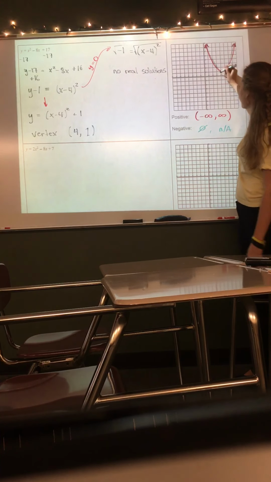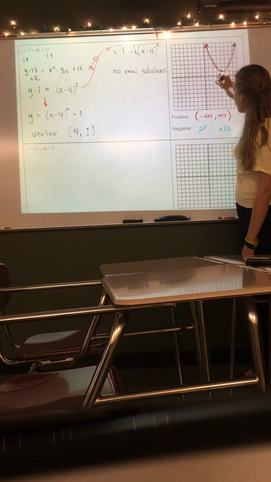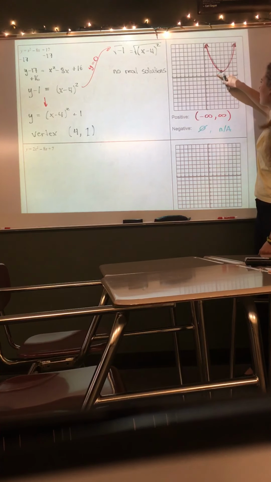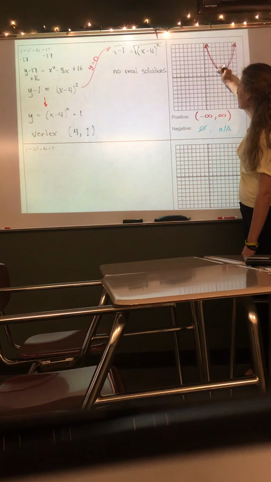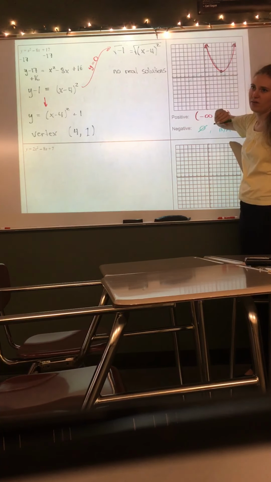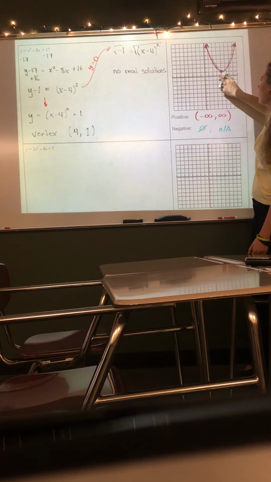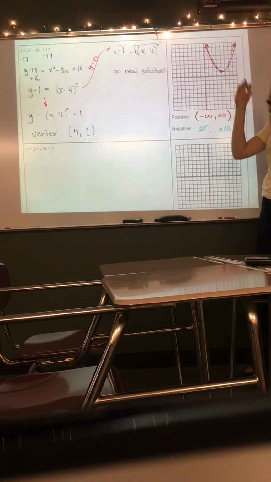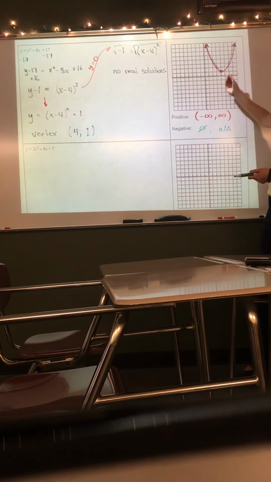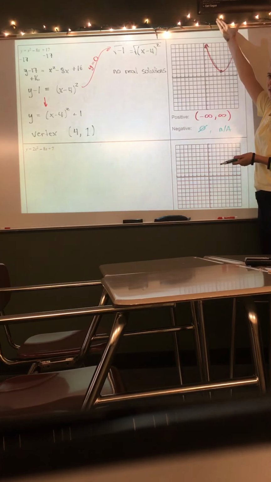So if I try to make it go down at all, I'm going to cross the x-axis. So it can't go down. It can't even really go sideways because eventually it's going to have to curve down. So I just draw a parabola that opens up. The exact shape doesn't really matter. I just know that it starts here and goes upward.